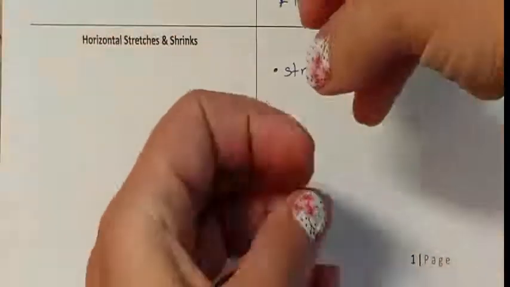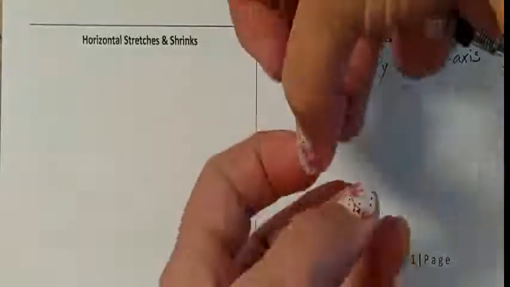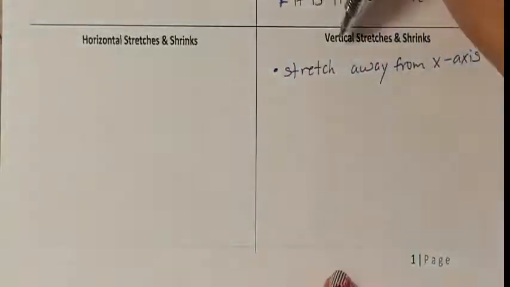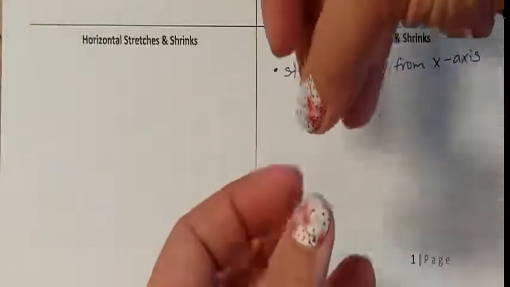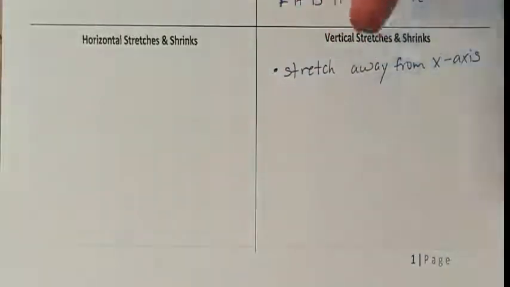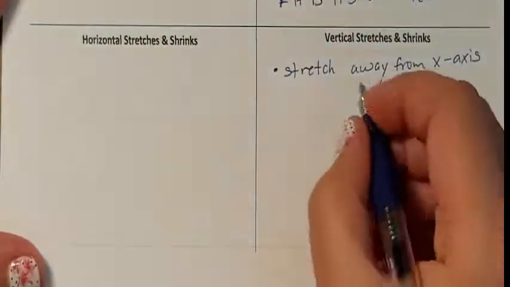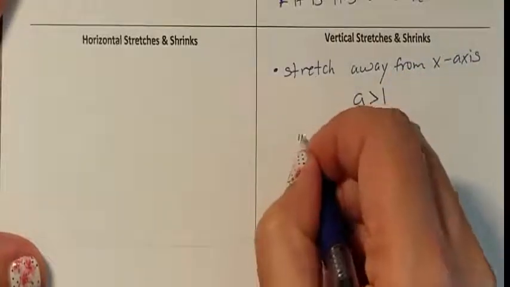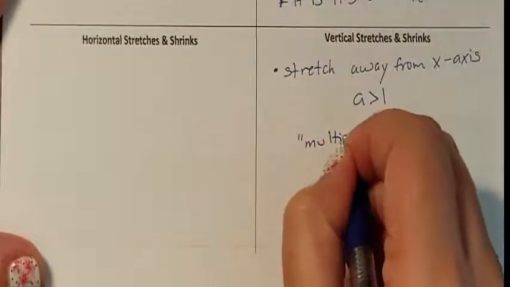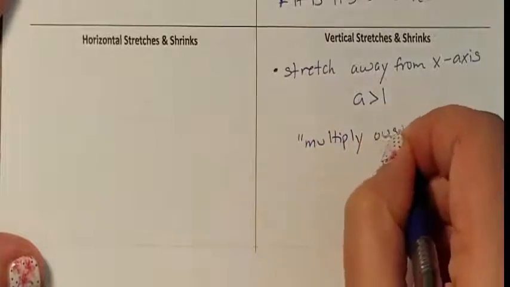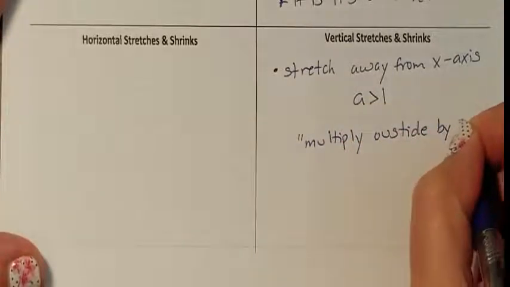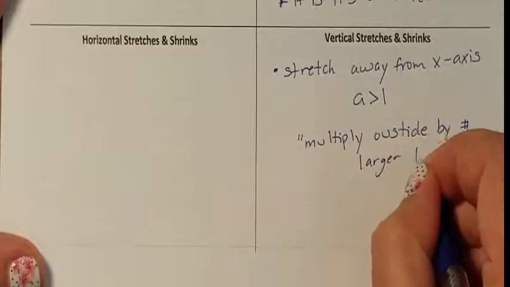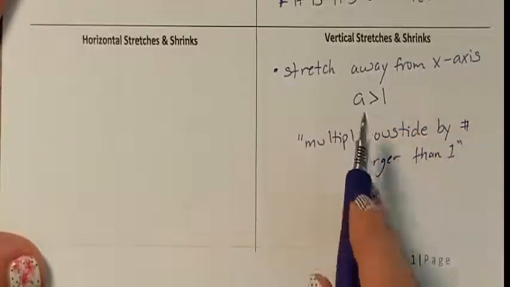So if my vertex is going to be stretching up, and if I stretch up, because that's what vertical is, up. So if I'm stretching up, I'm going away from the x-axis. And the only time you actually stretch is if your a was bigger than 1. We are used to calling this to be multiplied on the outside by a number larger than 1. This is what we are used to saying. This is the algebra way of saying it.